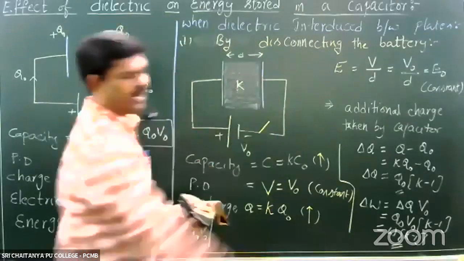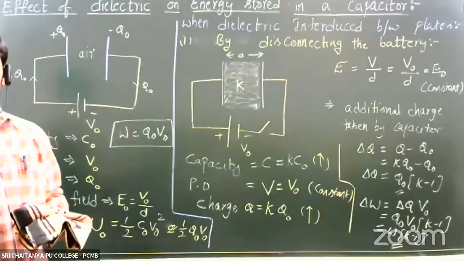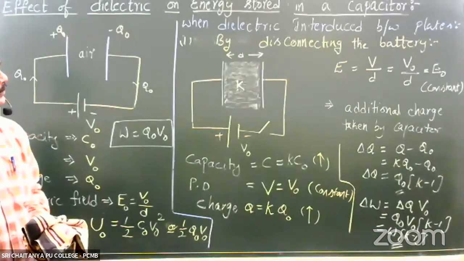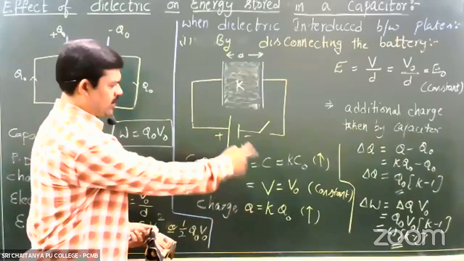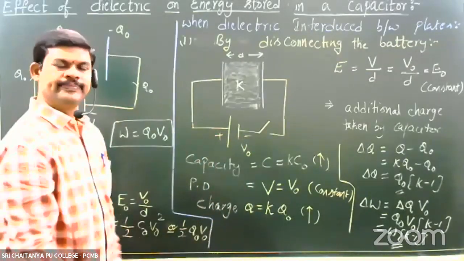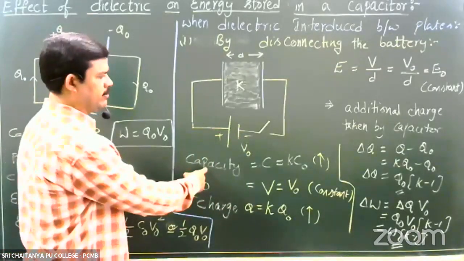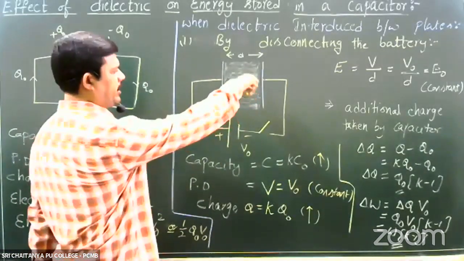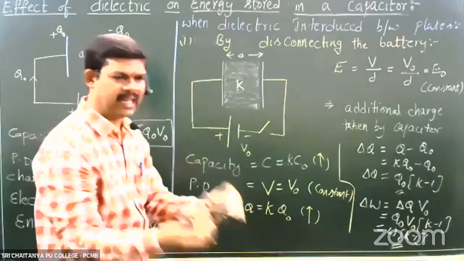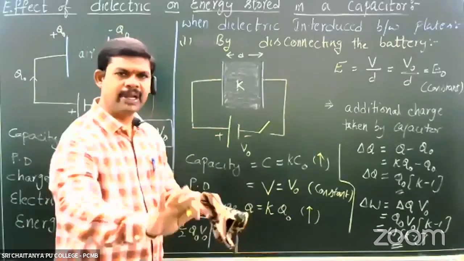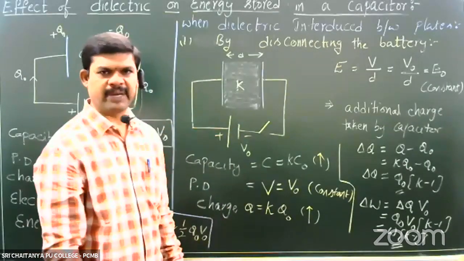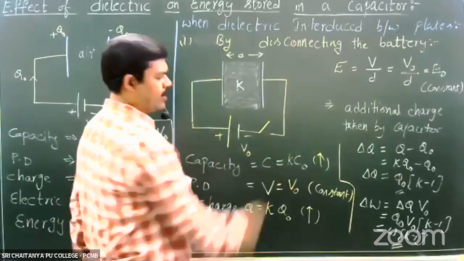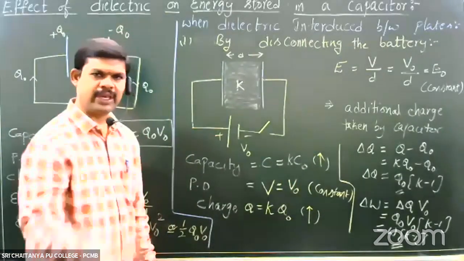By disconnecting the battery, what happens to these things? Capacity: whenever a dielectric is introduced, whether the battery is in connection or not, its capacity immediately increases by K times, K C naught.